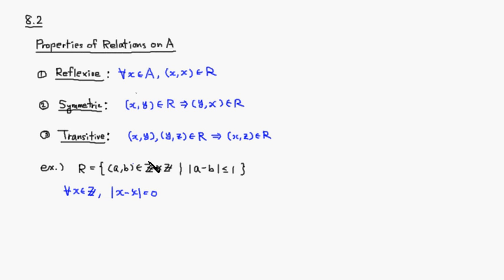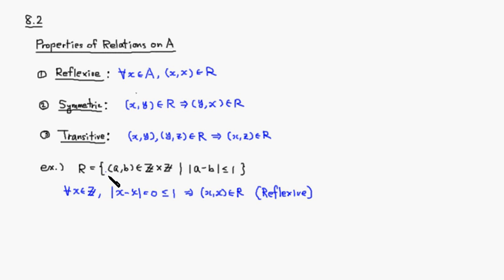X minus X is 0, which is certainly less than or equal to 1, right? So which means that X is related to X itself by this relation, which means that this is reflexive.